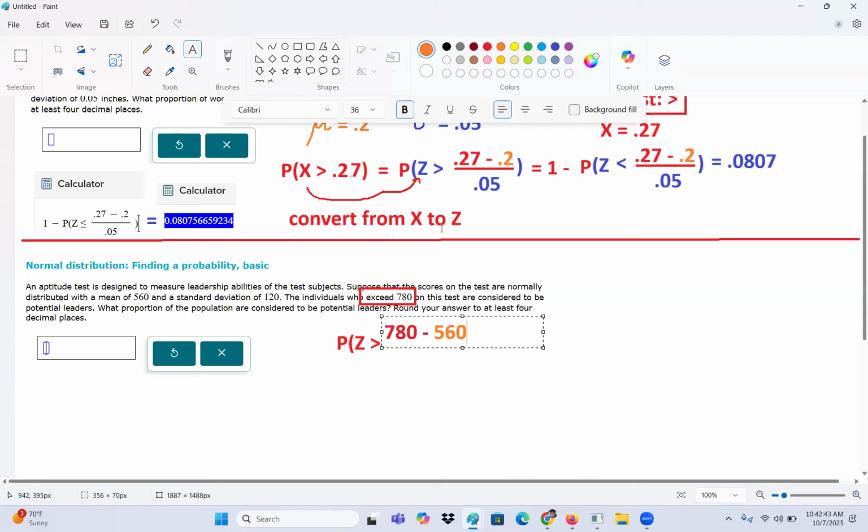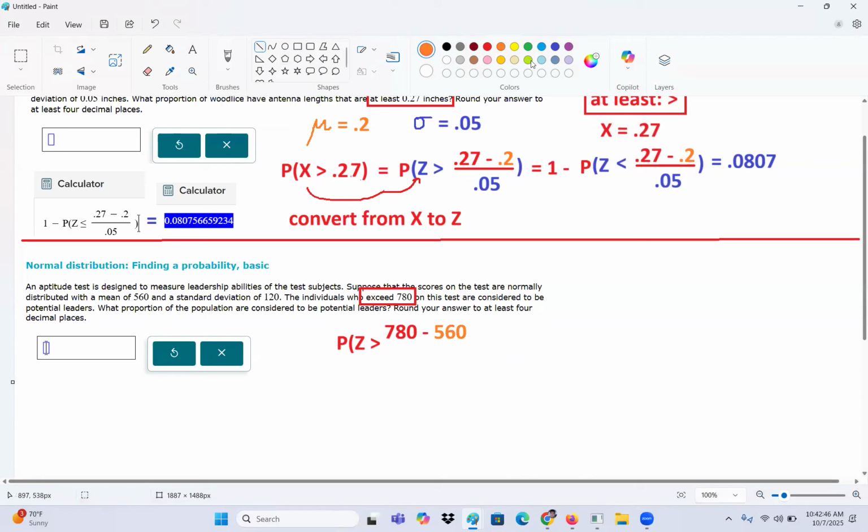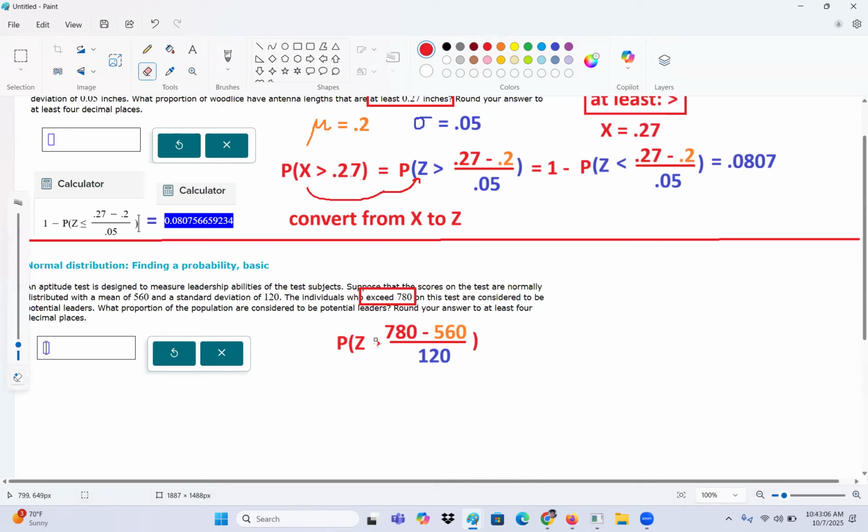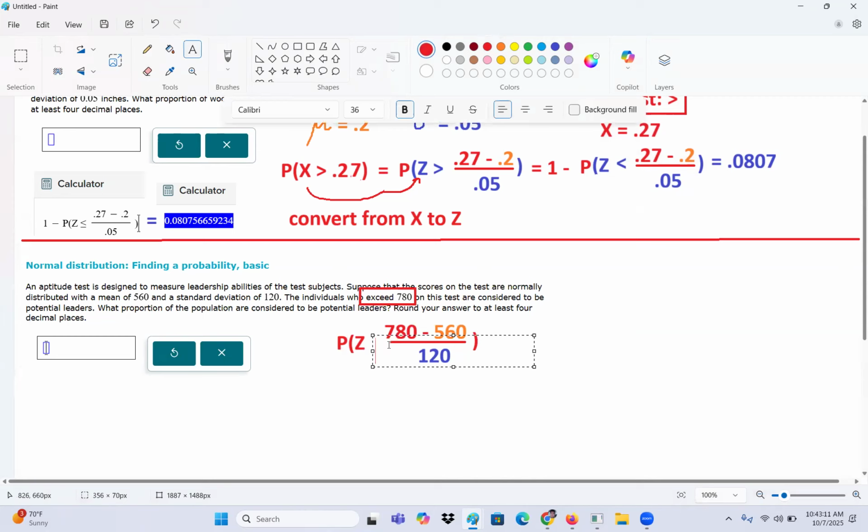The caveat is that it's over the standard deviation, but as long as it's not on the line, sure, the standard deviation is 120. All right, so you have to take 1 minus this, right? The calculator only gives us the area on the left, so you're going to take 1 minus that. So you change to the left side, less than, you're going to take 1 minus.